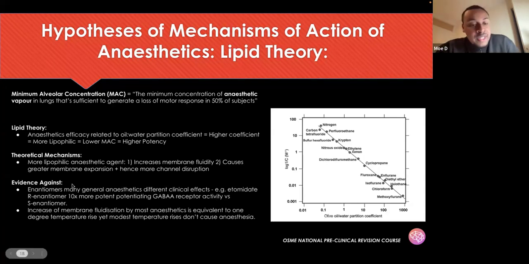And also another problem with this theory is the thought that anesthetics increase membrane fluidity. When you measure the increase in membrane fluidization by most anesthetics, it's equivalent to a 1 degree temperature rise. Yet modest temperature rises don't cause anesthesia in themselves.